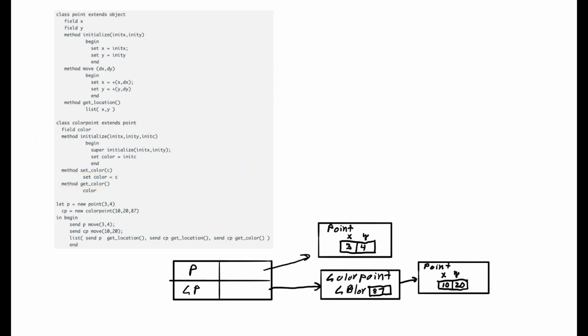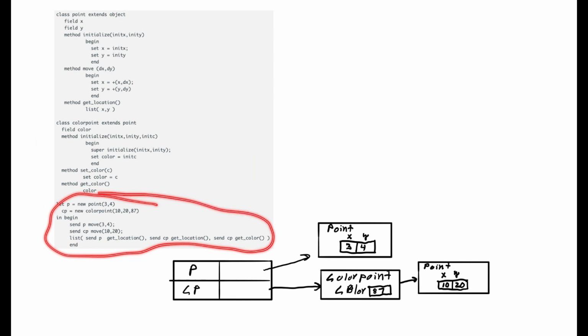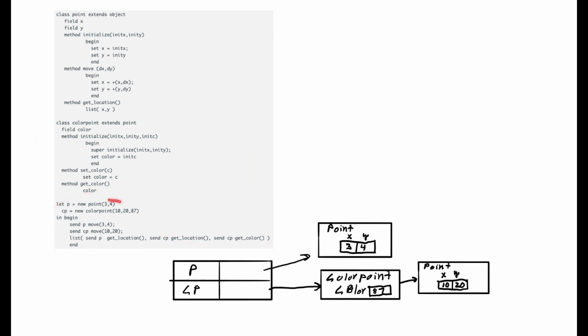Now in our main method down here, we create a new variable p, which is of type point, and another variable called cp, which is type color point. So the let would extend our environment down here with p and cp. And basically what we need to store is the variables x and y when we have a point.